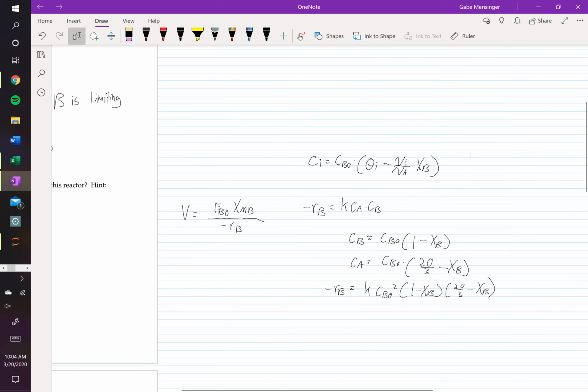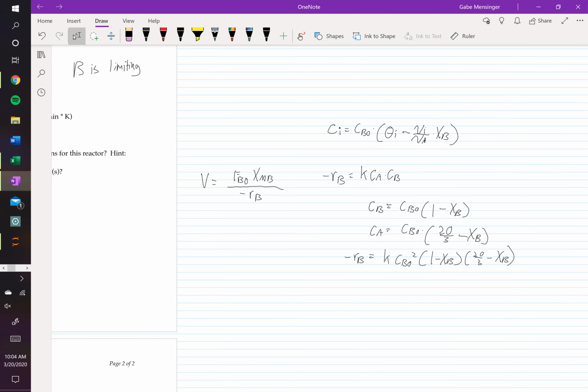That should be good. So our mass balance, sorry, V equals FB naught times xb over minus Rb, which is equal to K times Cb naught squared times 1 minus xb times 20 over 3 minus xb.